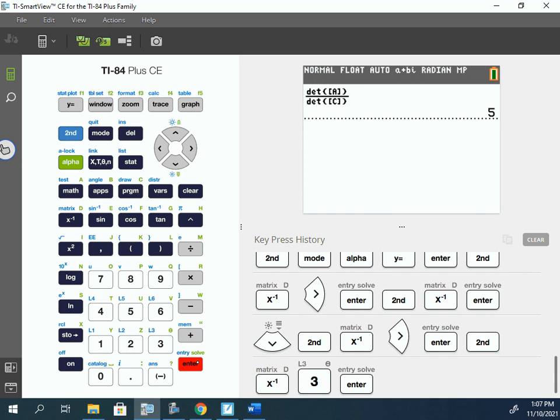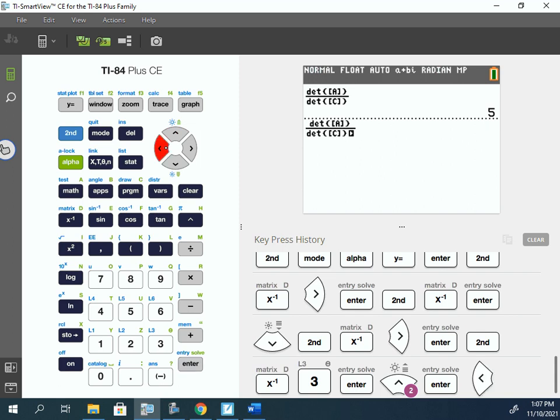Well, for the value of y, we're going to do almost the same thing, right? Except in the numerator, we don't want the determinant of A, we want the determinant of B, yes? Now, we could go alpha y equals and retype the whole thing in, yes? We almost want exactly what we have here, don't we? So instead of doing that, if you cursor up twice and select it, and then hit enter, it brings it back down.